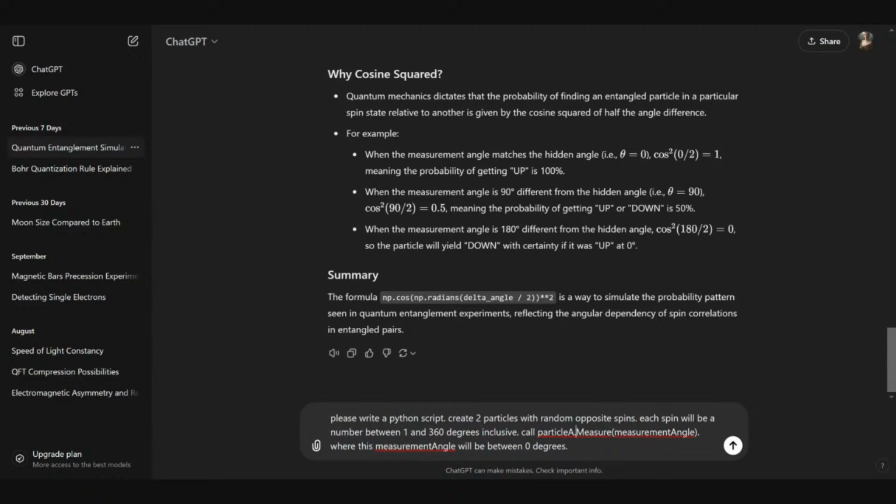Call particle A measurement angle, where measurement angle is 0 degrees.